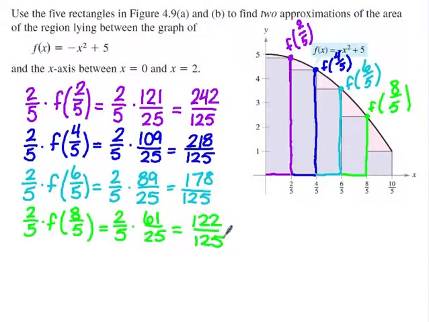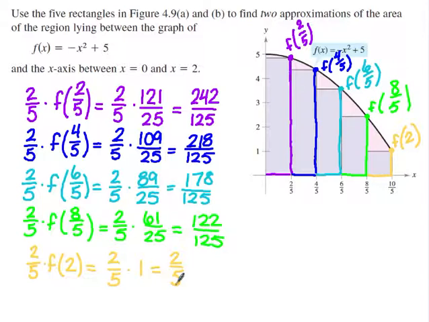And then last but not least, my width of this one will also be 2/5 again. The height will be f at what? 10/5 or 2. You could do f of 2 because that's what 10/5 is. So 2/5 and then f of 2. So you take 2/5 and then times what? 1.